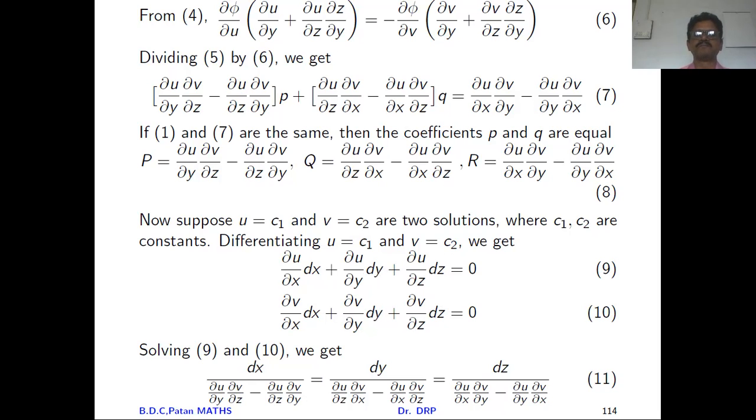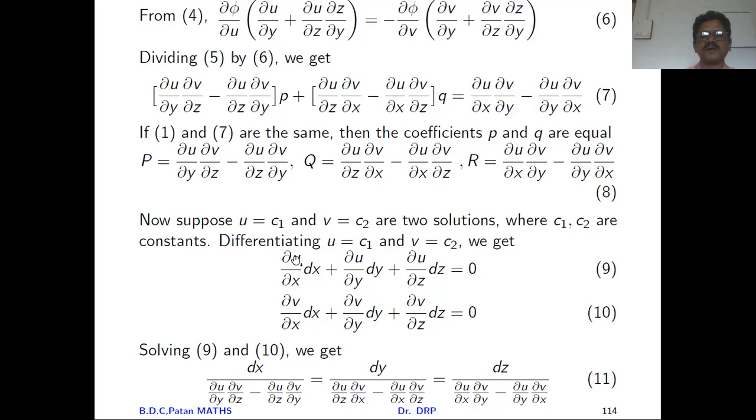What is that Cramer's rule? If the equations are in the form a11x plus a12y plus a13z equal to 0 and a21x plus a22y plus a23z equal to 0, then these two simultaneous homogeneous equations we can solve as x upon one determinant equal to minus y upon one determinant equal to z upon one determinant.